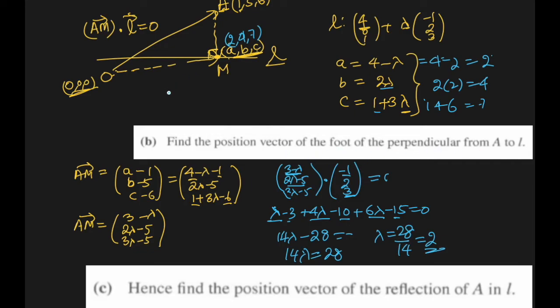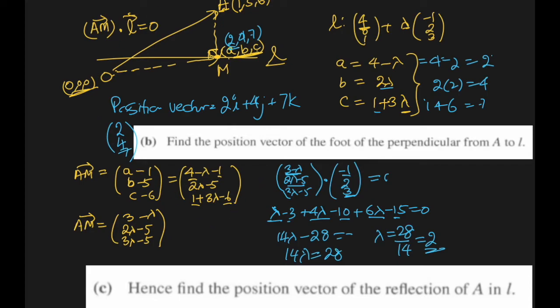So the position vector will be 2i plus 4j plus 7k. Or if you want to write in column notation, it will be 2, 4, 7. That's the position vector of the foot of the perpendicular.